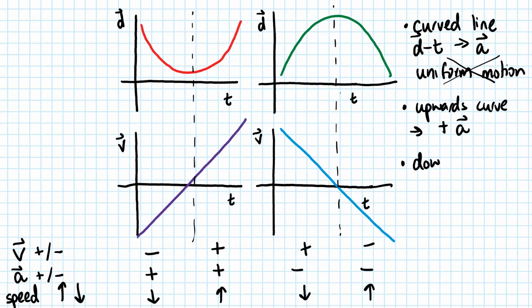Then a downward opening curve means negative acceleration, right? In the green position time graph, the curve opens downwards, and we can see our acceleration is negative. On the red position time graph, the curve opens upwards, and our acceleration is positive in those cases.